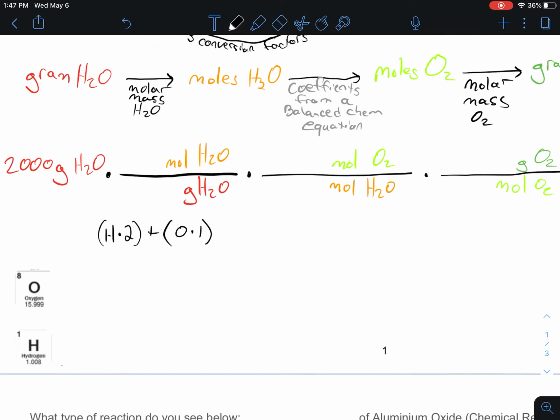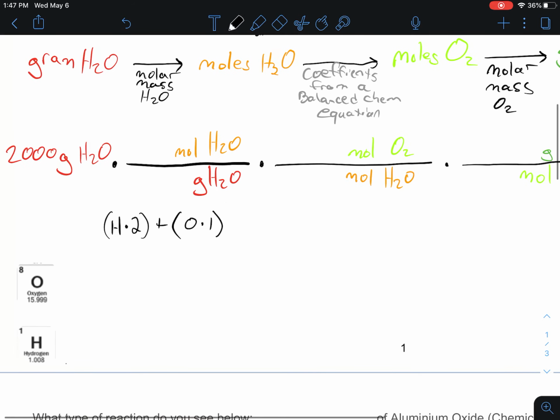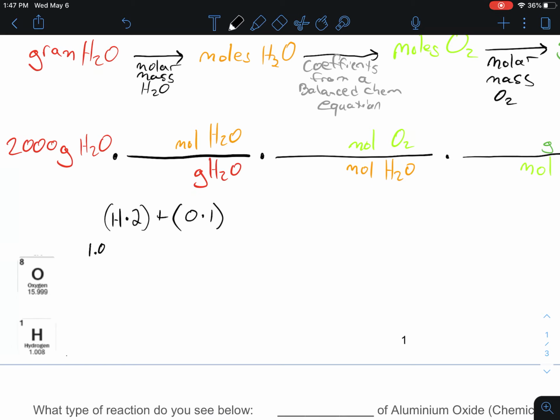I have copied in the periodic table squares just so you can see where I'm getting the numbers from. H is 1.008 and oxygen is going to be 15.999. So plug those in. 1.008 times 2.